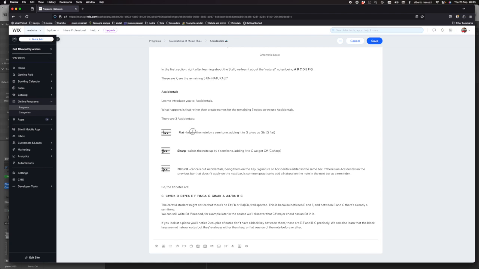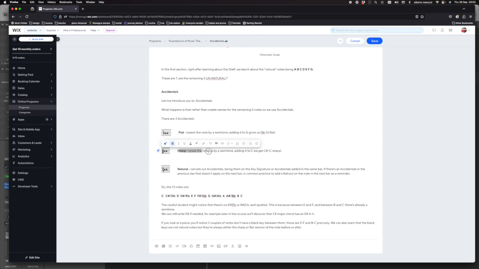Now, flat lowers the note by a semitone. So if we stick it next to an A on a treble clef, this will be an A flat, or a G flat in this example.